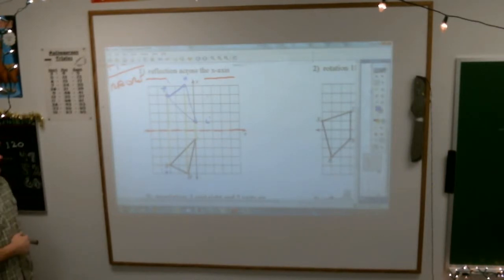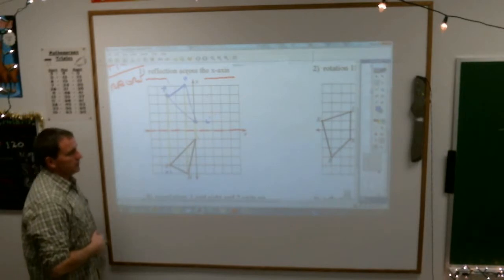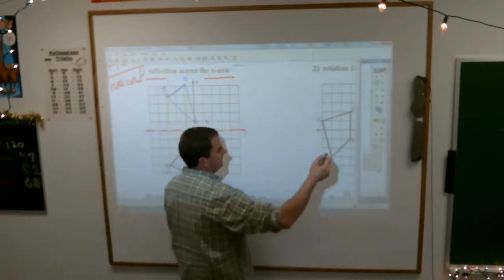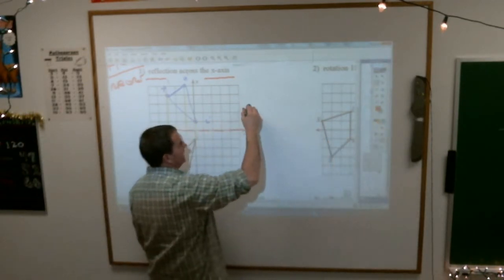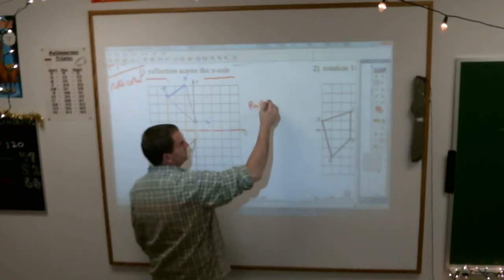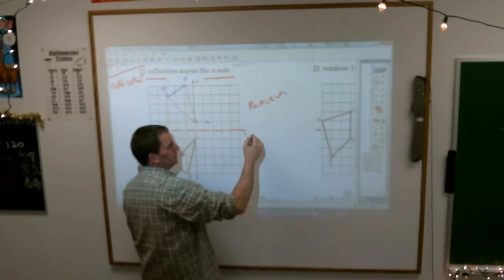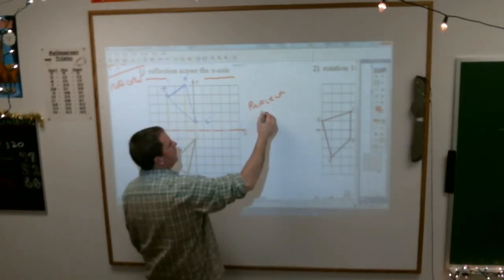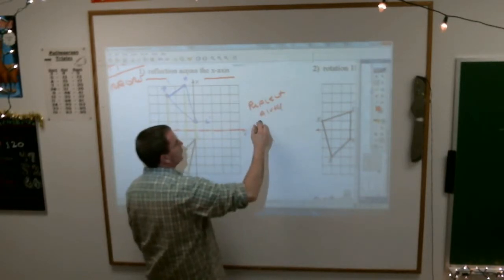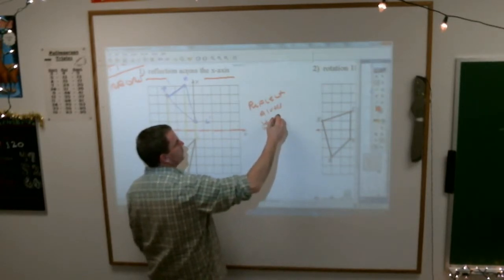Now, just for fun, what if I said reflect this across where y equals 1?